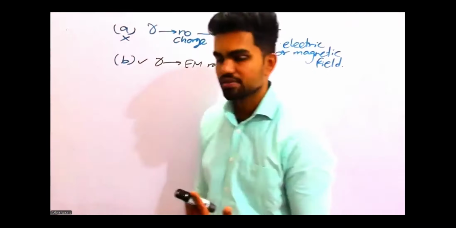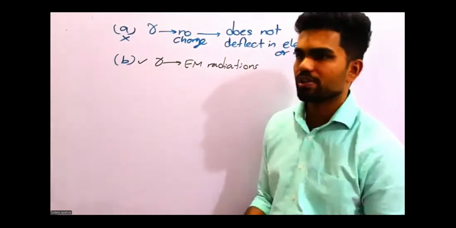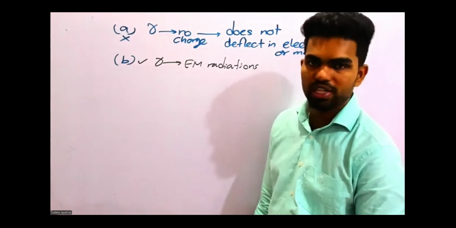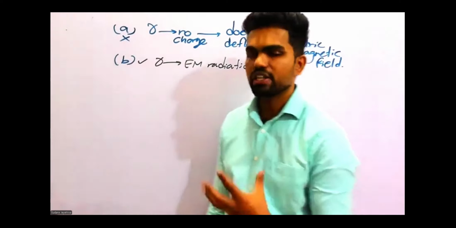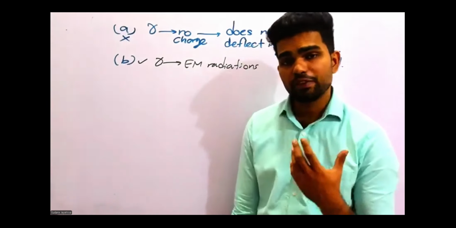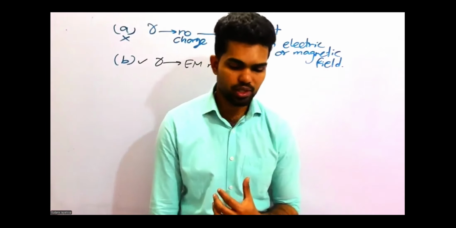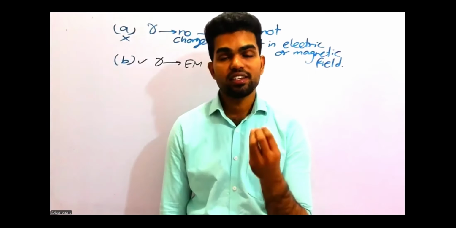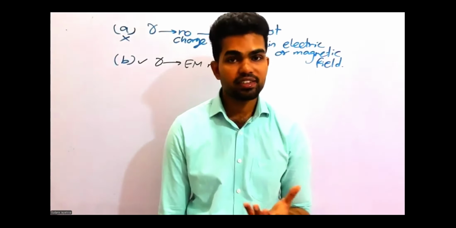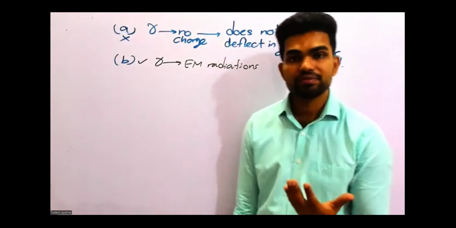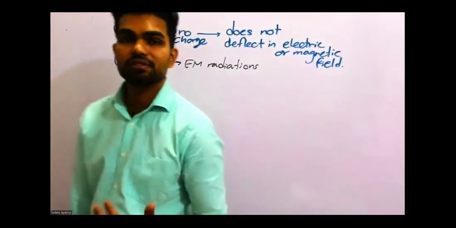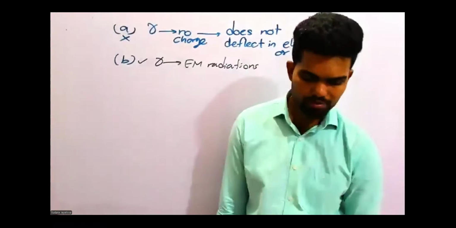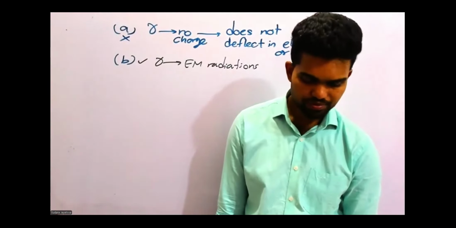These are photons, very small particles with both particle and wave properties. So it's very difficult for them to ionize others. But relative to that, alpha is a very large particle, a helium nucleus, so it can ionize gases very easily. So ionization power is lowest for gamma.